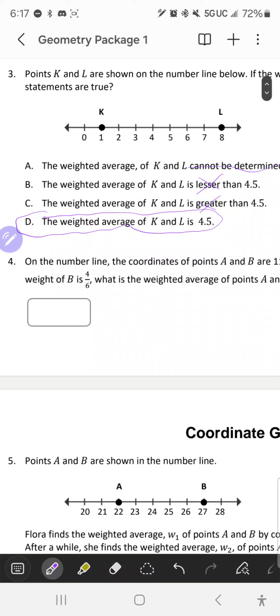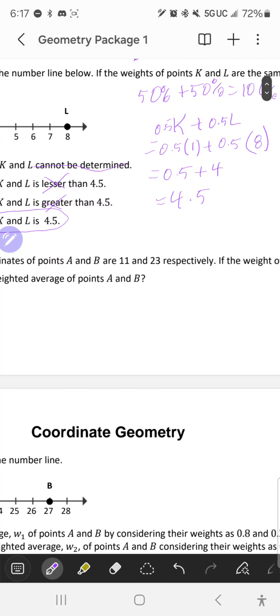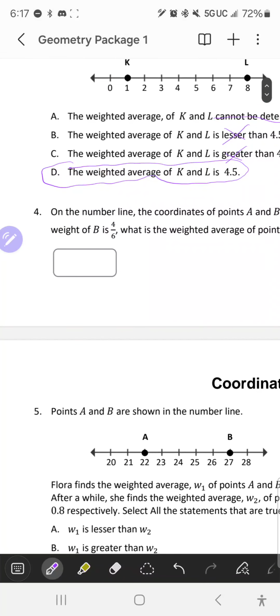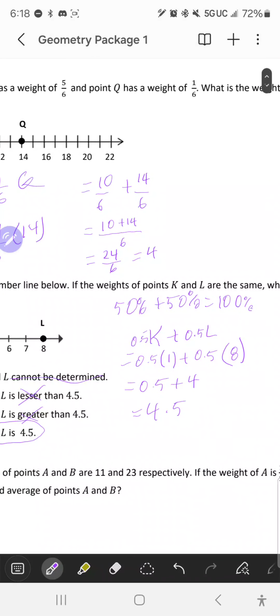Now, question 4. On the number line, the coordinates of point A and B are 11 and 23 respectively. If the weight of A is 1/3 and the weight of B is 4/6, what is the weighted average of point A and B? Now, this is basically the same as we did here.